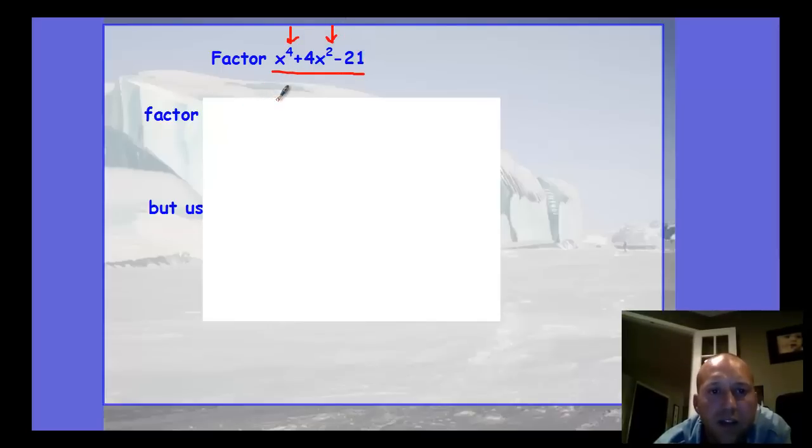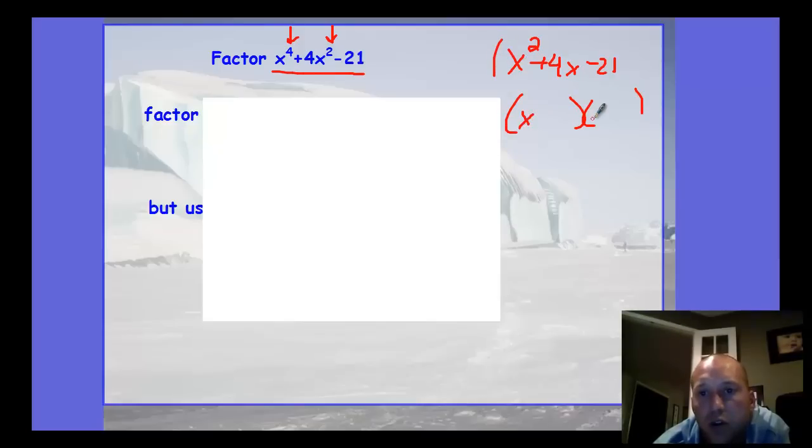So when you factor that, it's really the same exact thing as factoring this problem. If I was to factor this problem, it's just a basic trinomial, leading coefficient 1. So I'm looking for two numbers that multiply to be negative 21 and add to be 4. So positive 7, negative 3. Pretty quick and easy.